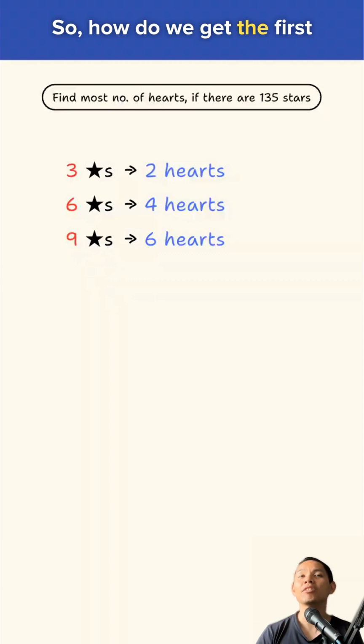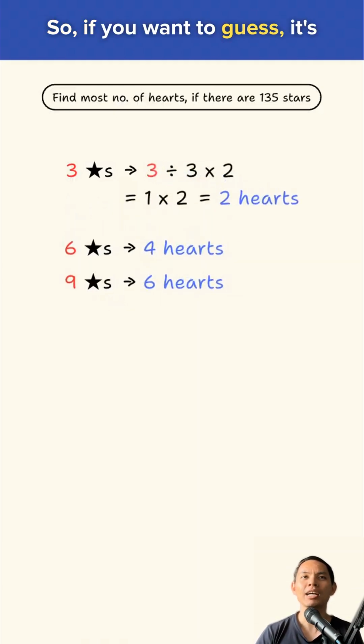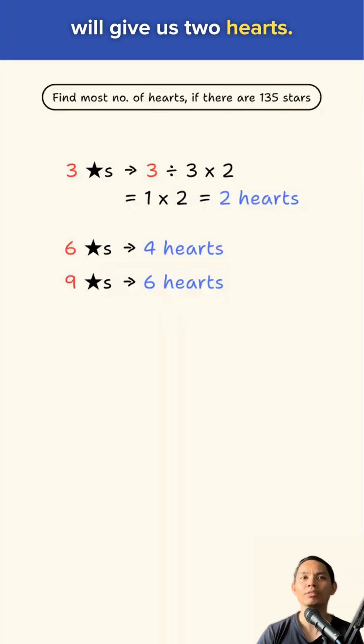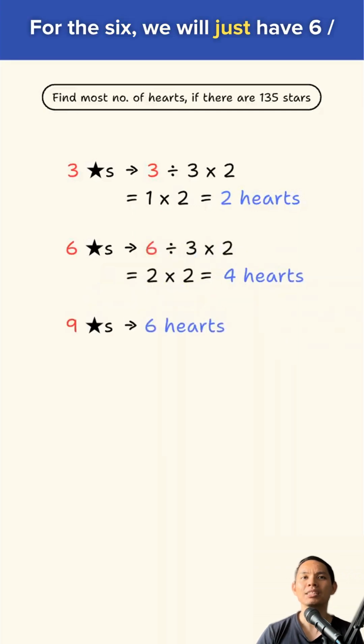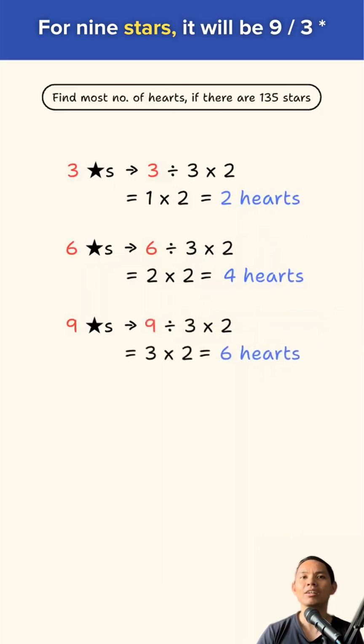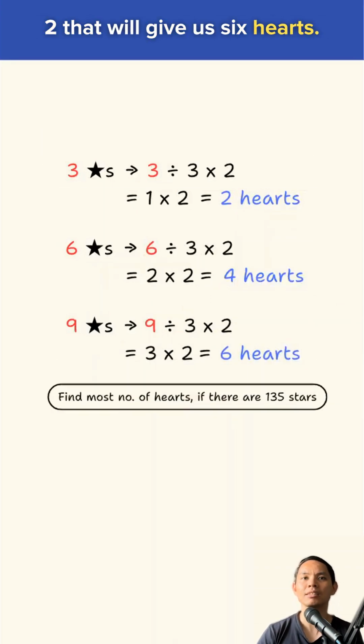So how do we get 2 hearts from 3 stars? It's basically 3 divided by 3 multiplied by 2, which gives us 2 hearts. For 6, we have 6 divided by 3 multiplied by 2, which gives us 4 hearts. For 9 stars, it will be 9 divided by 3 times 2, which gives us 6 hearts.